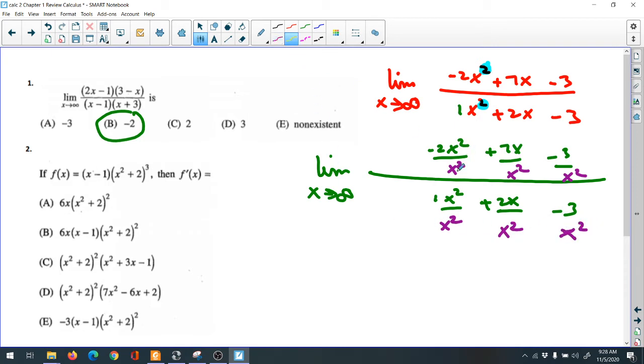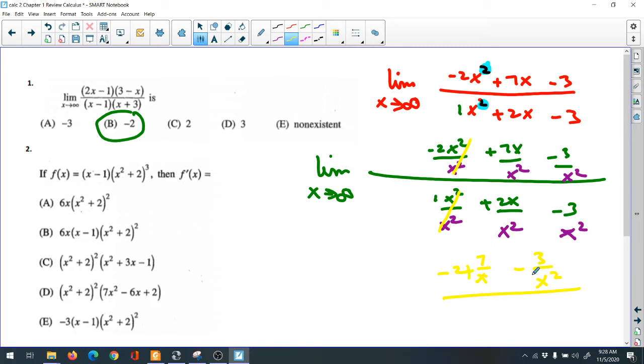In here, x squared cancels x squared and negative 2 left. And x squared cancels x squared and 1 left. Over here, when you simplify, cancel x with x, it will be 7 over x, minus 3 over x squared. And here is negative 2 left.